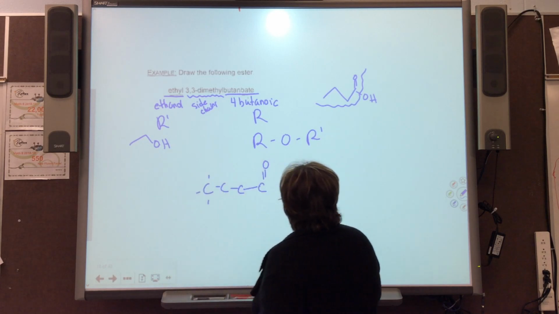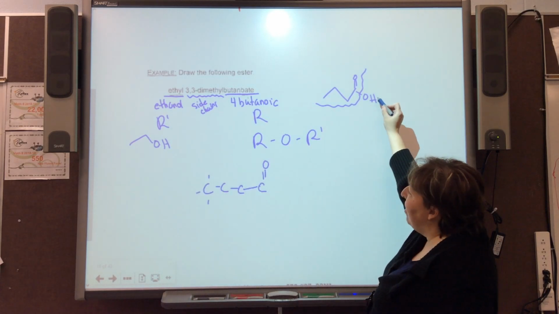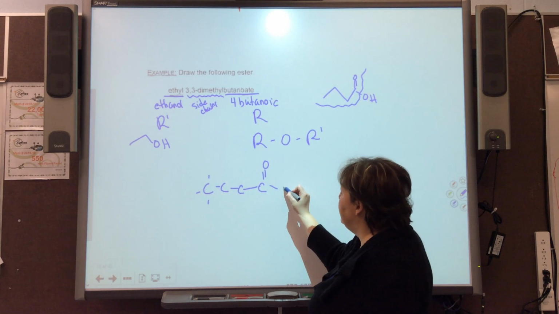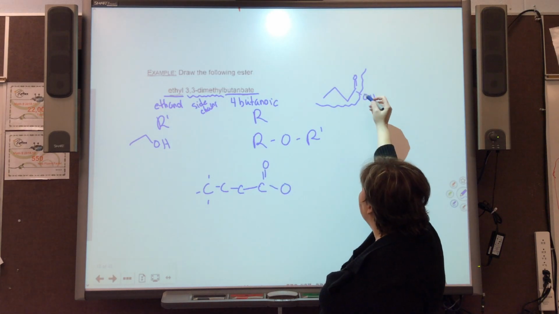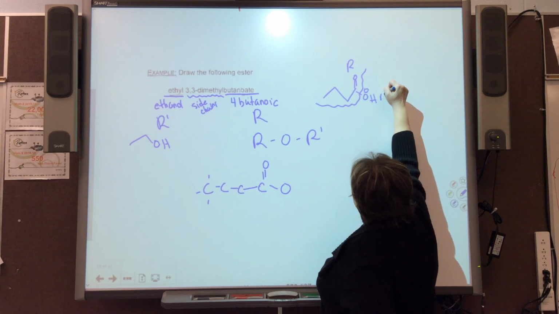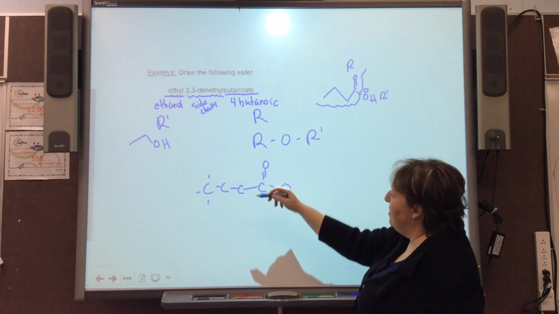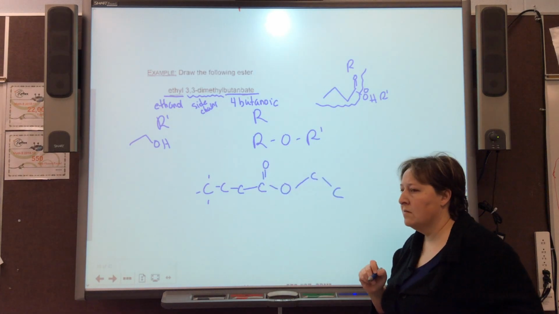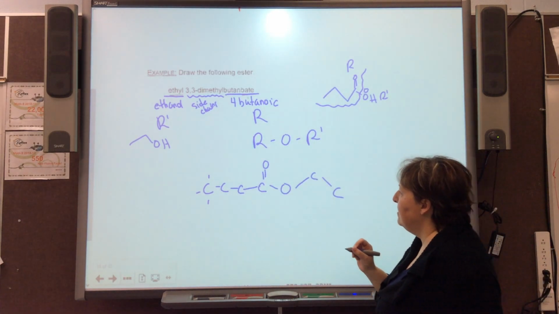I'm just going to leave that one alone. And then we have our alcohol group, which is where our O comes into play. Right? This is our R, O, and then R prime. And R prime says that we should have 2 carbons. Okay?